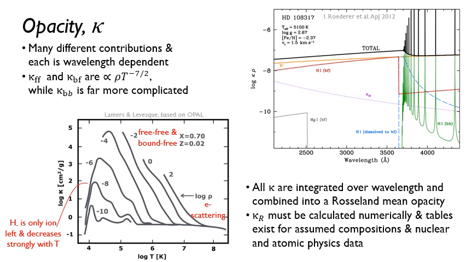For instance, one, getting older but still considered kind of state-of-the-art opacity library, is the OPAL set of tables. And what's shown here is the Rosseland mean opacity as a function of the temperature. The gray curves are different densities that are being assumed, and the composition here is roughly the solar composition.